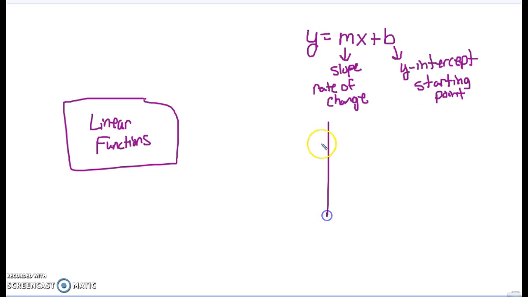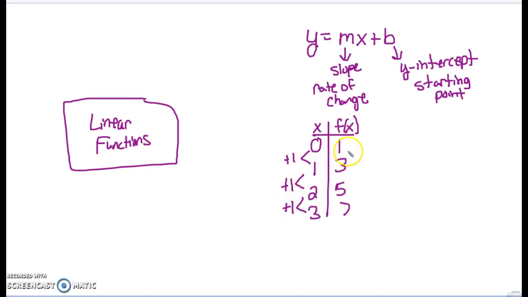Our tables are always going to go up the same. So if we have x and f of x or n and f of n, so if I have 0, 1, 1, 3, 2, 5, 3, 7, you're always going to see this as +1, +1, +1.